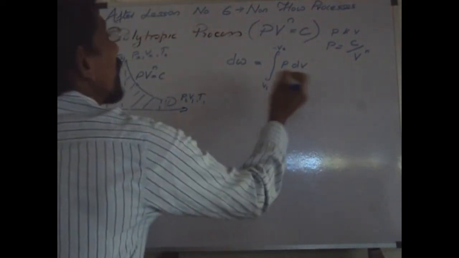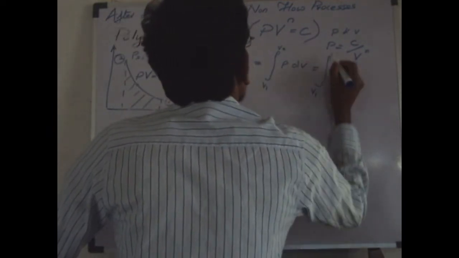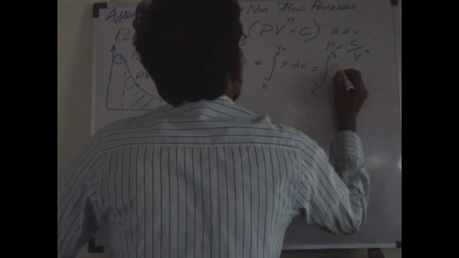Then in integrating we can do the integral from V1 to V2, and instead of P you can write C over V to the power n, dV.